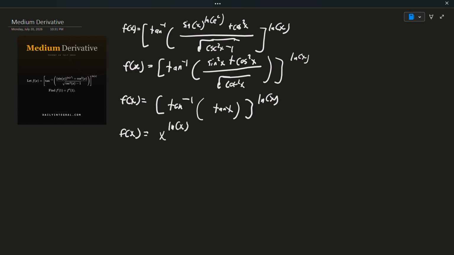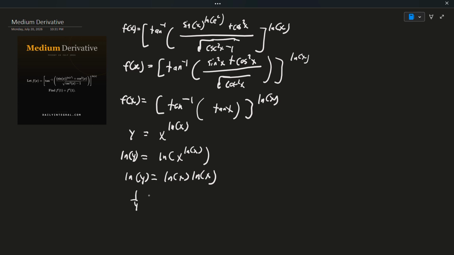So now we can just replace f of x with y, and I'm going to perform a logarithmic differentiation. So we're going to take the ln of both sides, and that will equal ln of x to the power ln of x. So ln of y is equal to ln of x times ln of x.